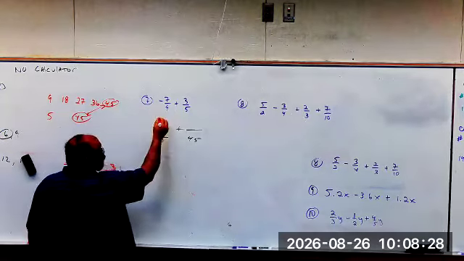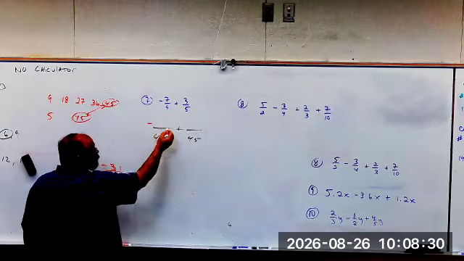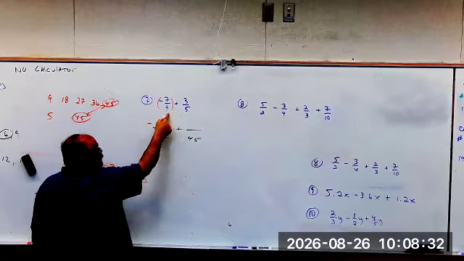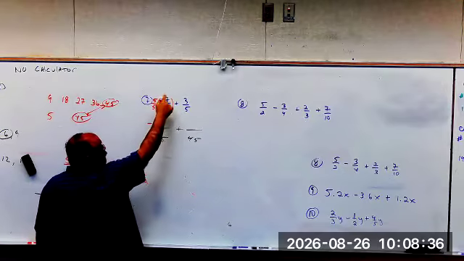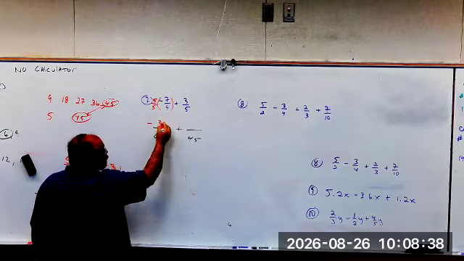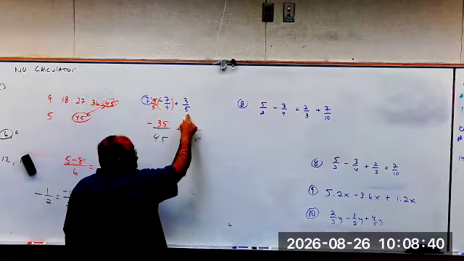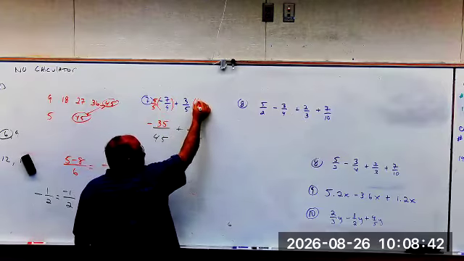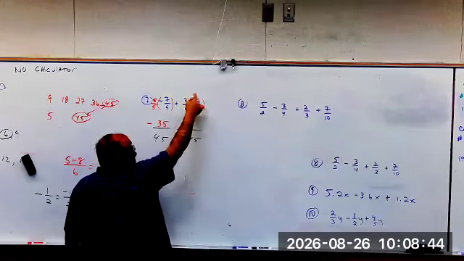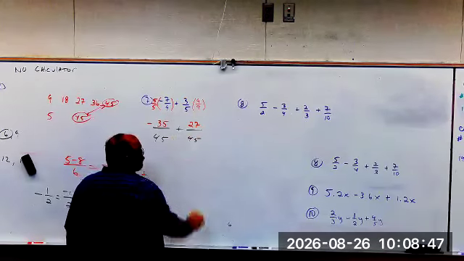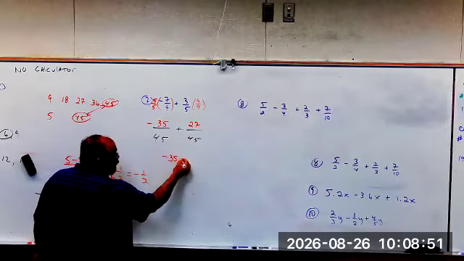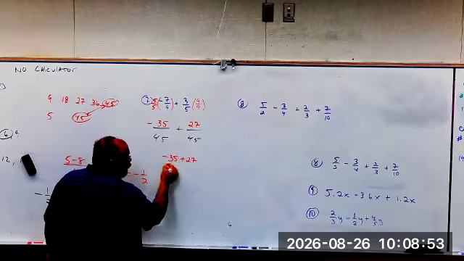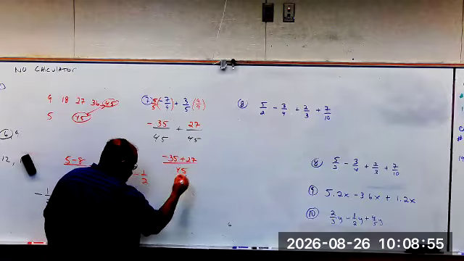So to change this, and don't forget it's a negative, to change that denominator into a 45, we multiply by 5 over 5. 5 times 7, 35. To change this into a 45, we're going to multiply by 9 over 9. 3 times 9, 27. So the numerator is negative 35 plus 27, all over 45.